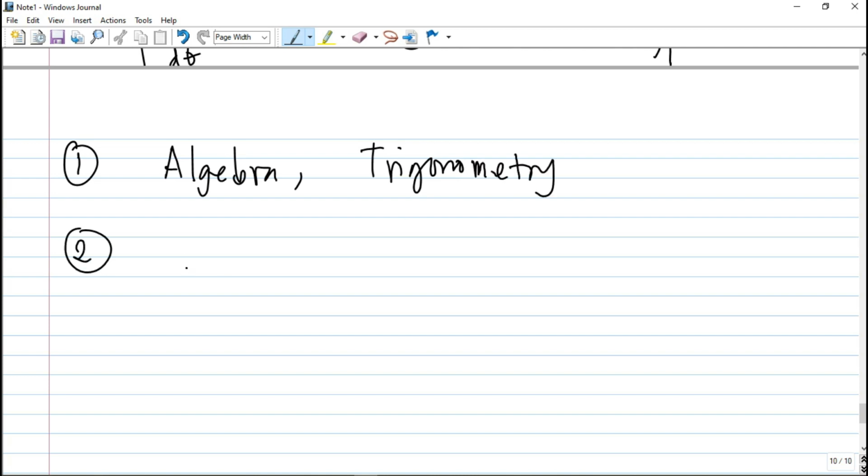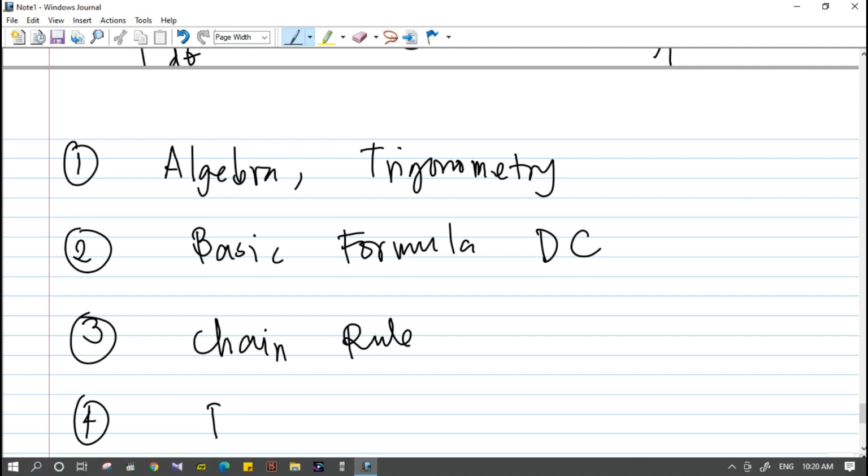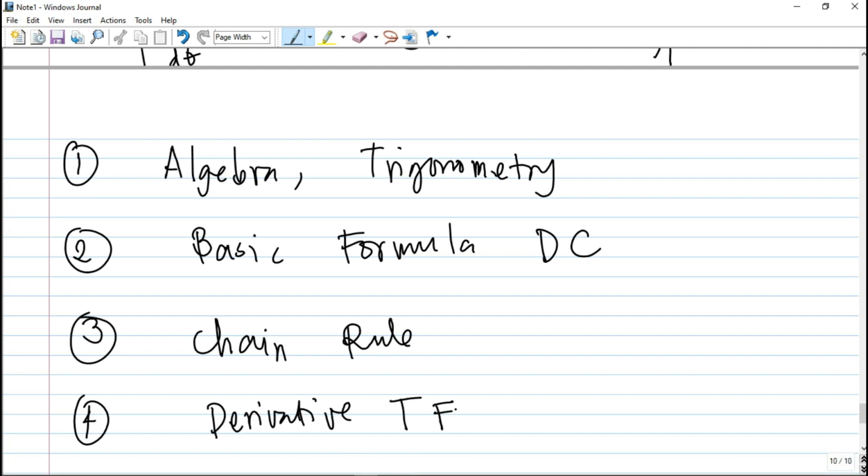Number 2, of course, the basic formulas in differential calculus: the product rule, the derivative of a constant, which is 0, the derivative of a quotient, and the power formula, which is important. Number 3 is the chain rule, of course. If you still don't know this particular topic, you can go back to my previous video on the chain rule. Okay, number 4, of course, what we discussed, the derivative of trigonometric functions.